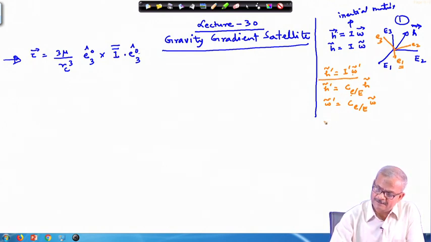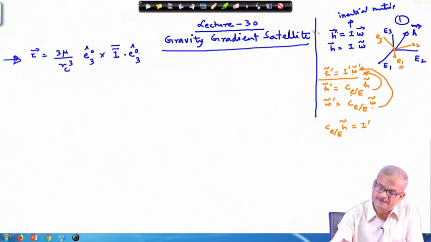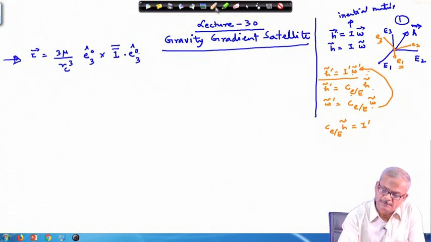So, on the left hand side we can insert this equation, and we get here C times H tilde equal to I prime, and omega prime we can insert from here. This omega prime can be taken here, and H prime we are inserting from this place to this place.